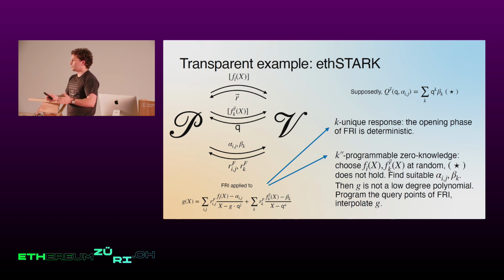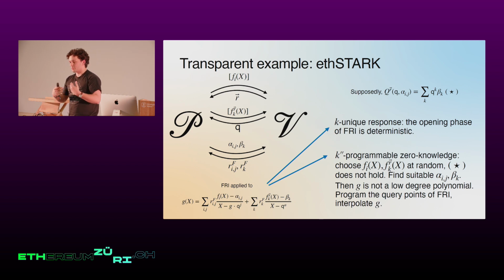That's absolutely not true. So in general, this function g that we apply the low degree testing to is not a polynomial, it's not of low degree. But what we can do is, again, program the points where the FRI protocol is going to ask to see evaluations of that function g. And we're going to interpolate g with a low degree polynomial over these points and engage in the low degree testing with that function instead.